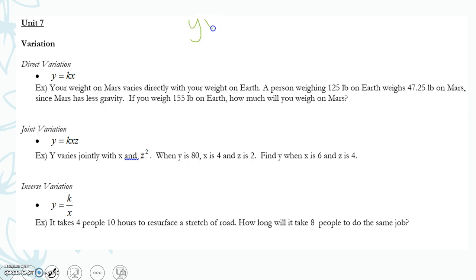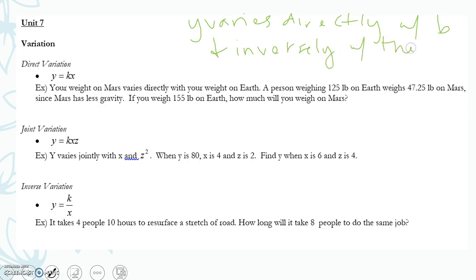Like if it says y varies directly with b and inversely with the square of b or square of c, it would require you to write an equation.